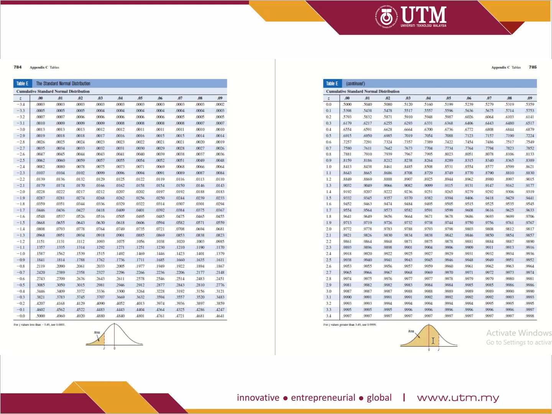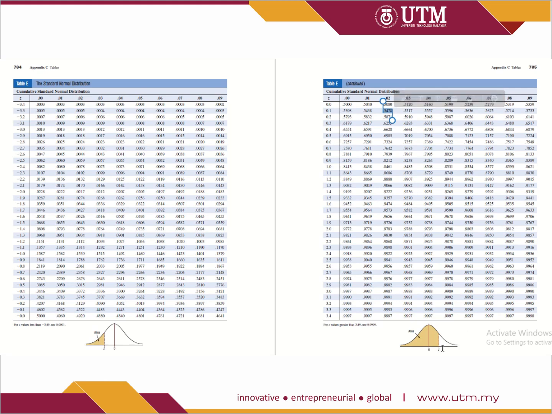This means that the value of Z is less than this Z value. For example, I want to find the area for Z equal to 0.12. So just go to 0.1 and 2 is here.